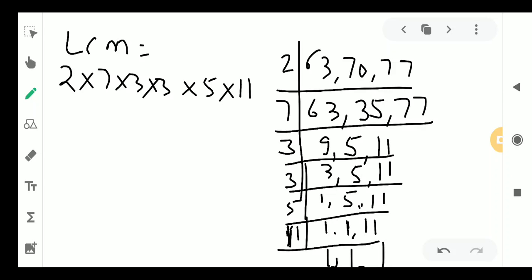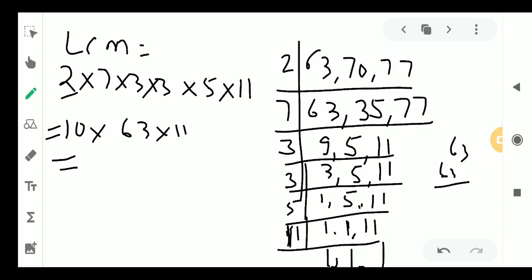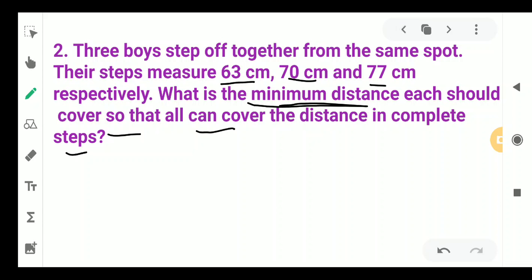We will get 2 fives are 10, then 3 threes are 9, 9 sevens are 63, into 11 we will get. Now multiply this, 63 into 11 let me do. 693, so it will come 6930. So LCM is coming 6930.